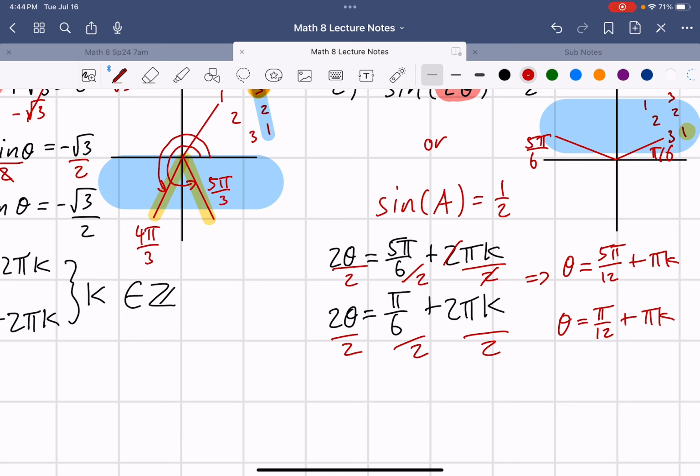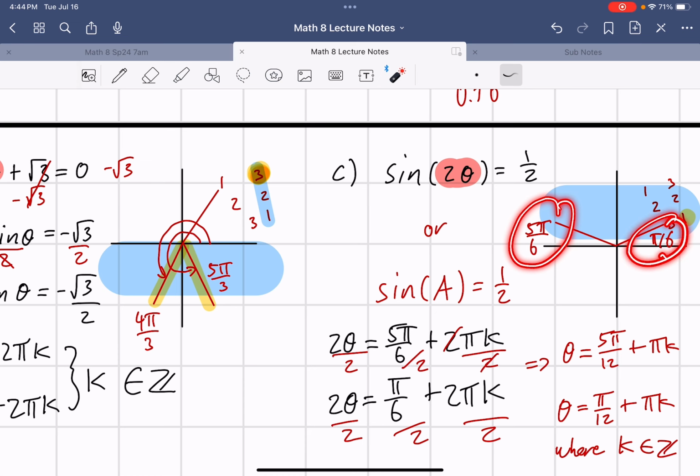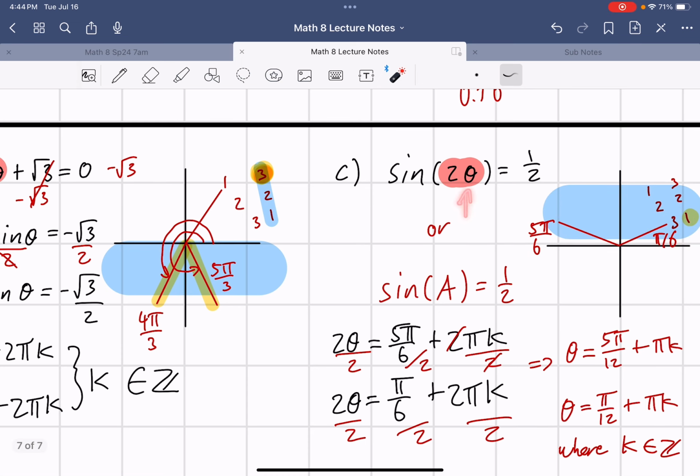And the same thing still applies: k is an integer, where k is an element of the integers. Now again, these two radians are when sine is equal to a half. I'm trying to solve for theta though.